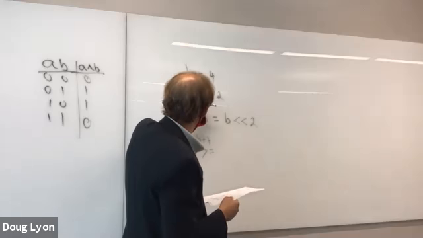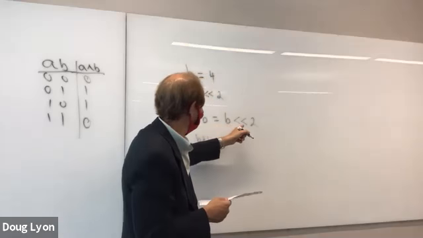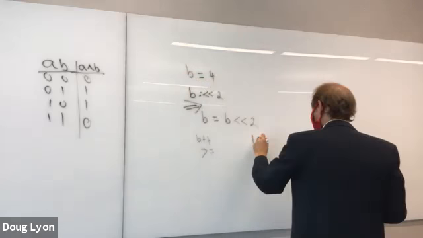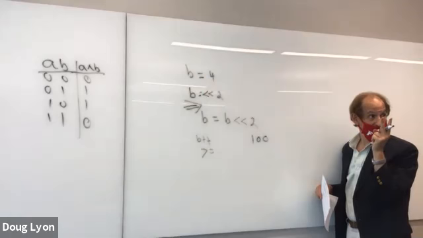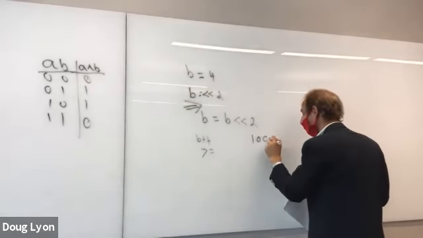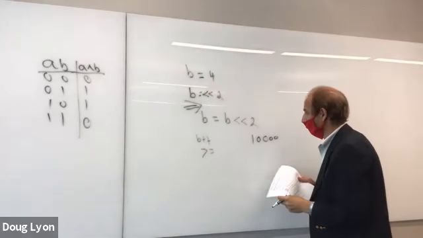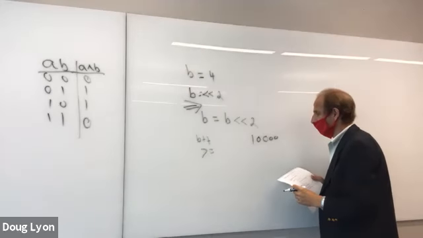So by doing equal less than, what it's doing is B equals B shift 2. So it's taking 4, 1, 0, 0, and then shifting in 2 zeros to the right, shifting it over to the left, and now what do we get? 16. Yeah, what is it? Well, no, 32, I think, isn't it? No, you're right, 16.